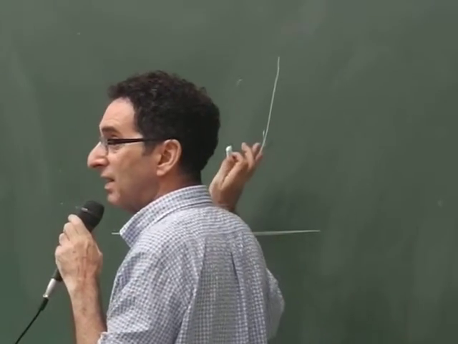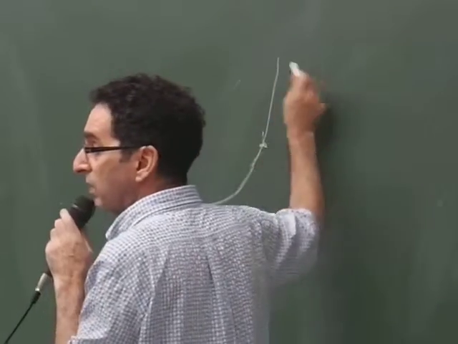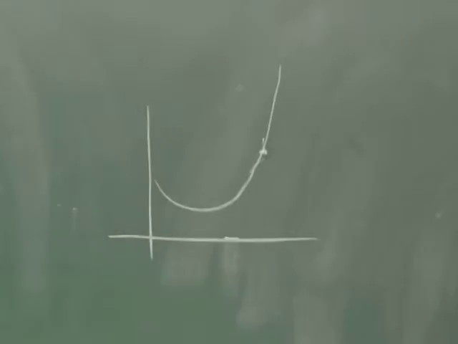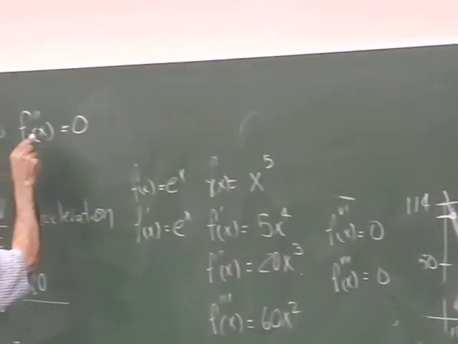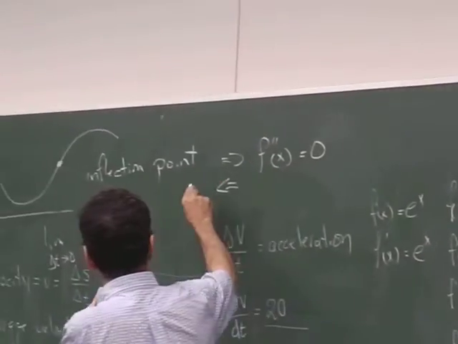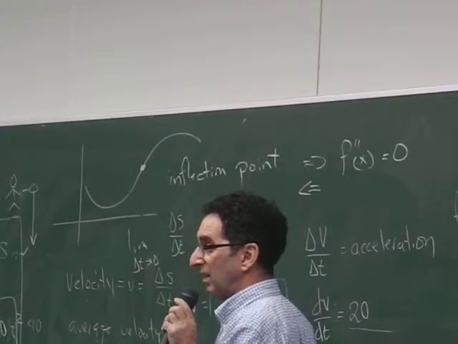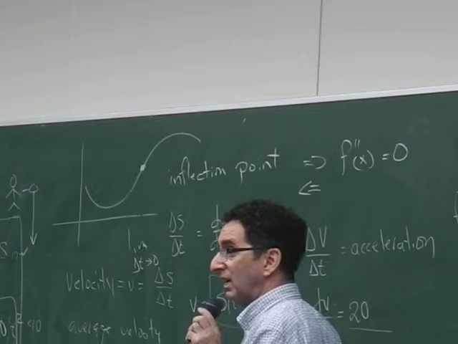So the second derivative is 0 here, but then it doesn't switch over to the other direction. So this direction is not true, that is, if this is 0, it doesn't mean you have an inflection point. But if you have an inflection point it means that the second derivative is 0, I think, unless I forgot something. Okay, yes?